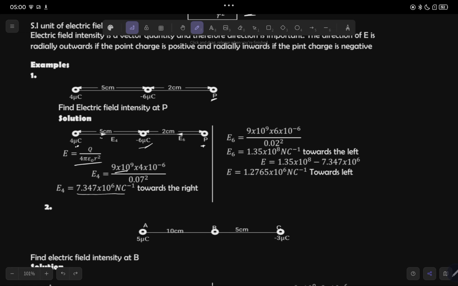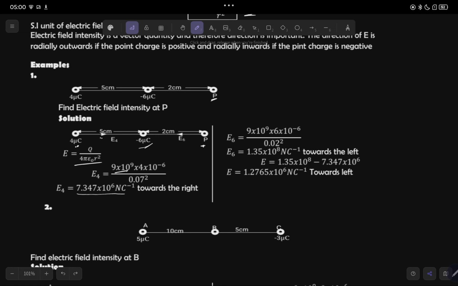So we have two electric field intensities, one towards the left, the other towards the right. The one towards the left is the stronger one, so the net between the two is the bigger one minus the smaller one, and it will tend towards where the bigger one is. I advise that we always make the one towards the right positive and the one towards the left negative.